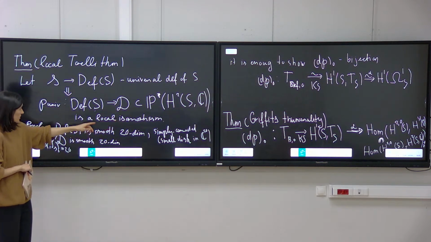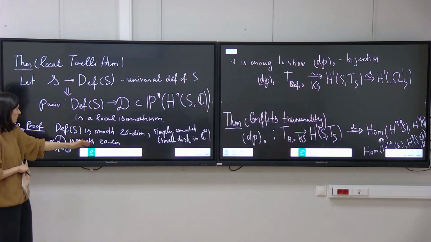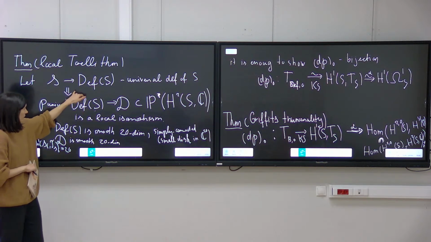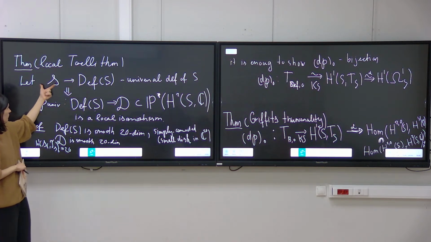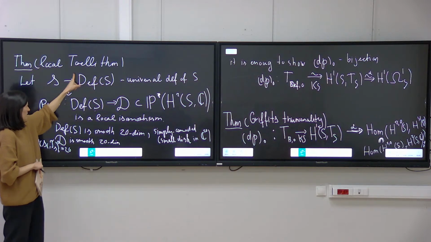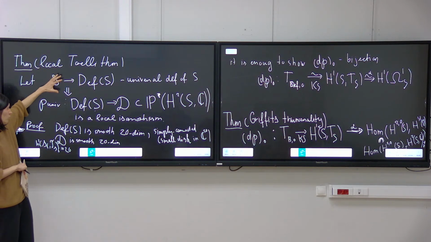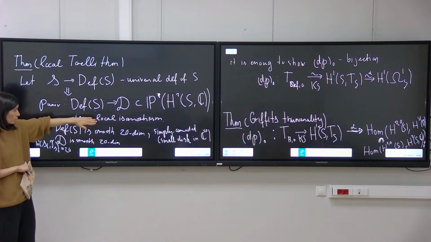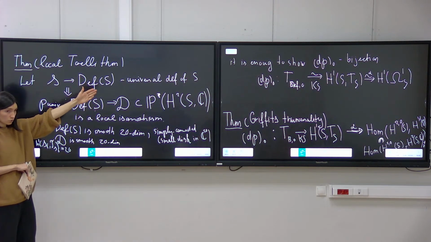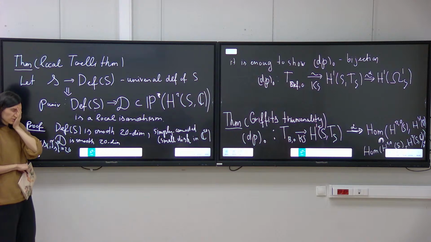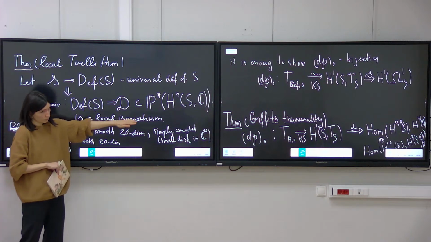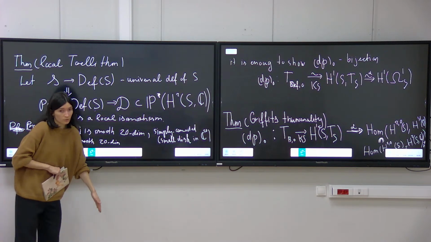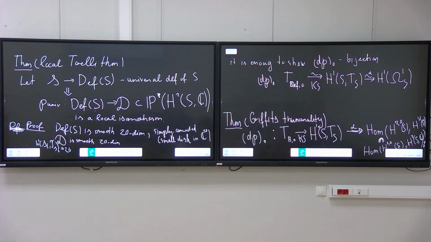So to prove that this is a local isomorphism, and also we know that this universal deformation induces a universal deformation of all nearby cycles, it is enough to prove that the corresponding differential is bijective at zero. So this is a local isomorphism. Local isomorphism here is analytic. Yes.